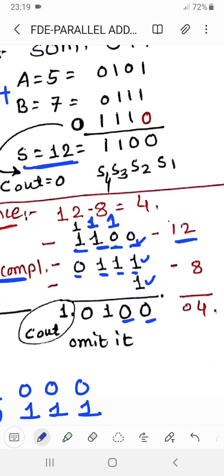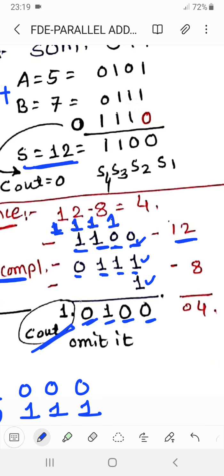Then 1 plus 1, so there is a 1 carry and 0 sum, and 0 plus 1, so there is a 1 as a sum, and the carry is forwarded for the next bit. So in this last bit, 1 plus 1 is 0, and you have a carry 1 for the next bit. Because this is the 2's complement operation, here we are omitting this carry out.